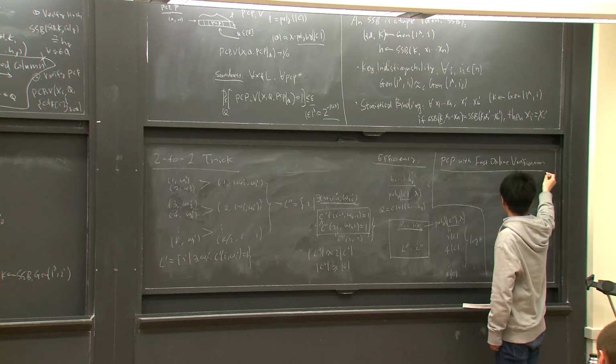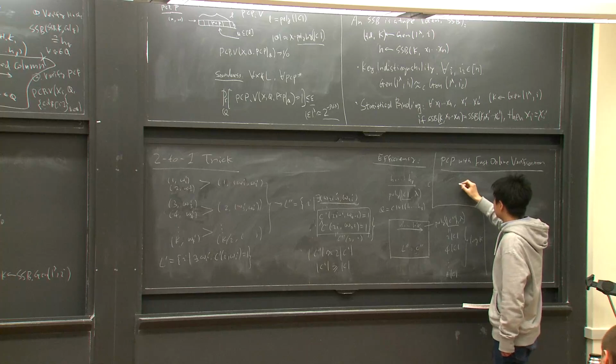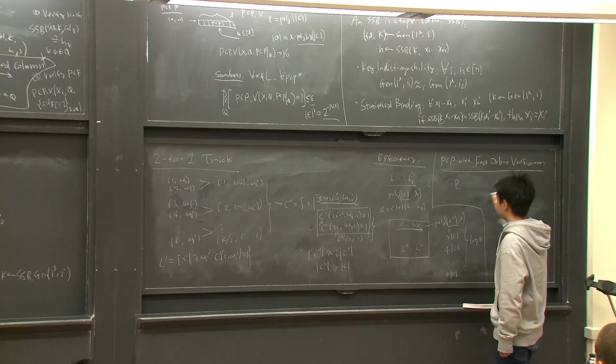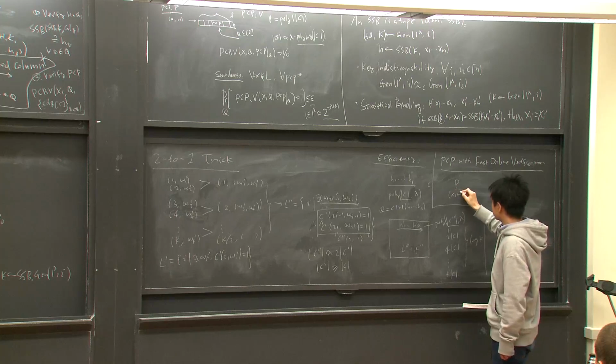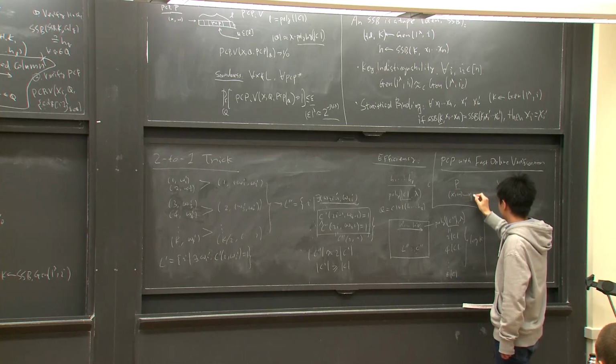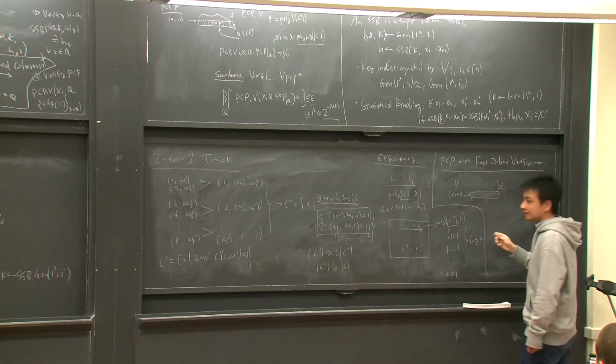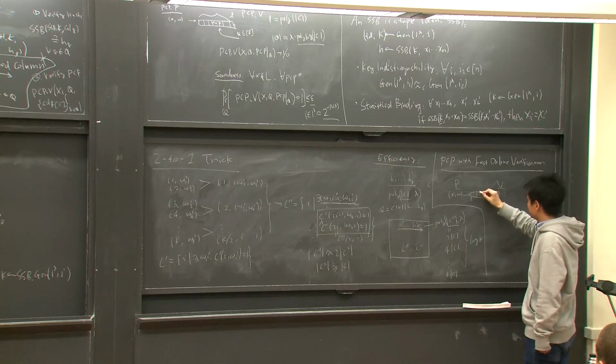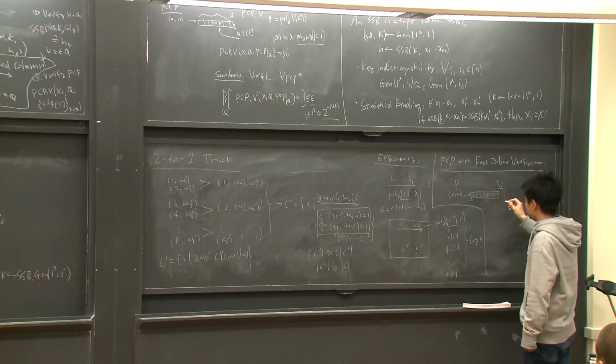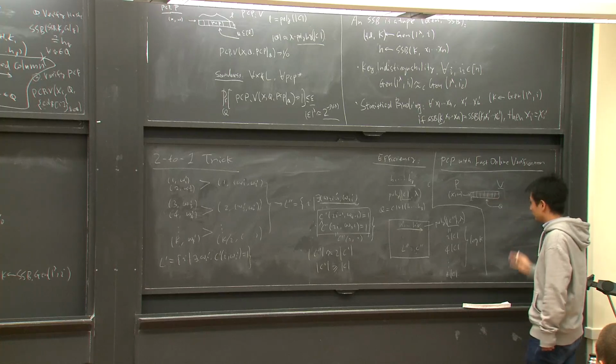Those PCPs have the property that, for any PCP prover and verifier, given any NP instance X and W, you can generate a long proof. This is just a normal PCP, but the verification algorithm of the PCP has more structure.